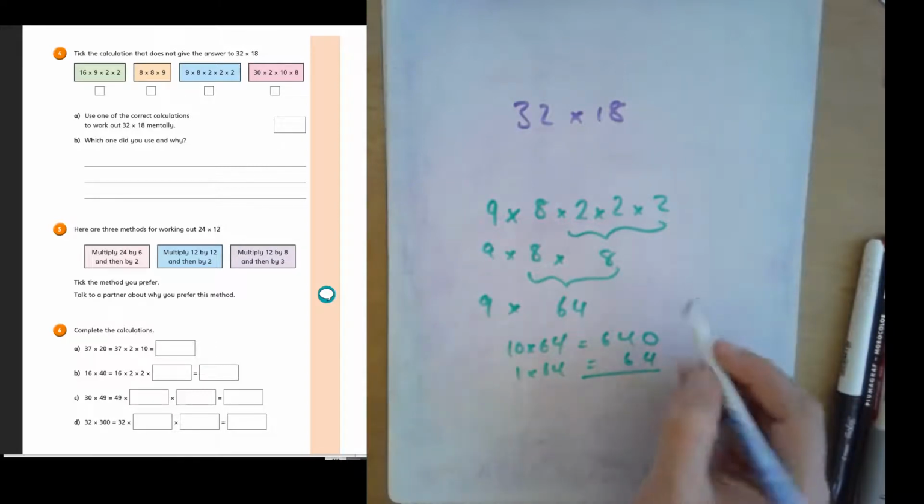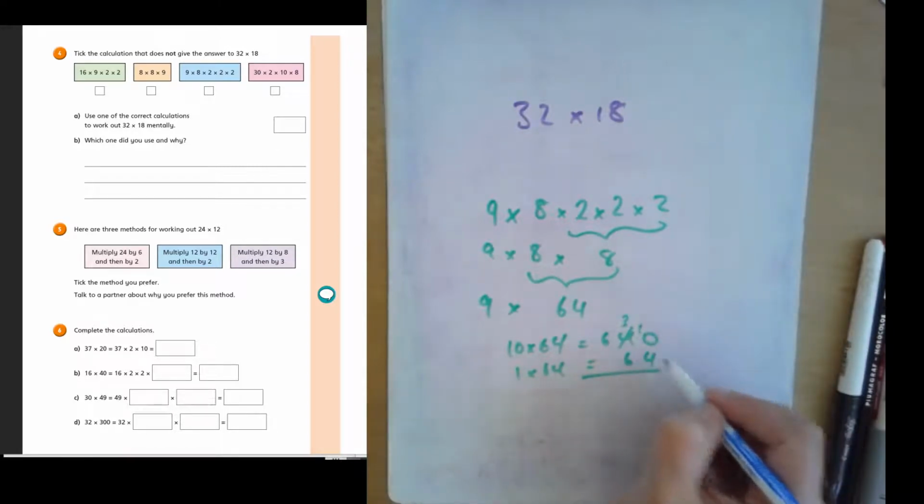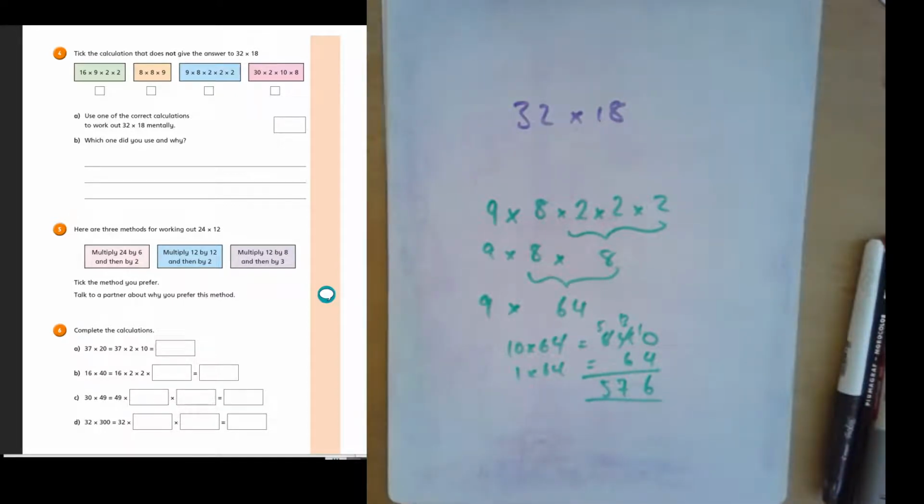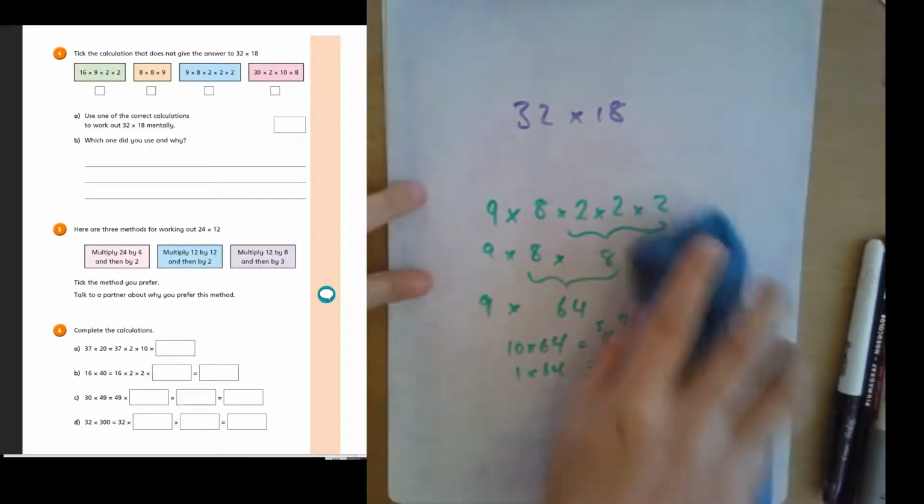And then all I need to do is find the difference. 10 take away 4 is 6. 13 take away 6 is 7, and then that is my answer. I don't mind which way you worked it out. I probably have worked it out in a completely different way to you guys. Whichever way you worked it out, that's fine. If some of you worked 32 times 20 and then taken away 2 lots, that would have worked out as well. So do it whichever way you want. You don't have to do it exactly the same way I do.